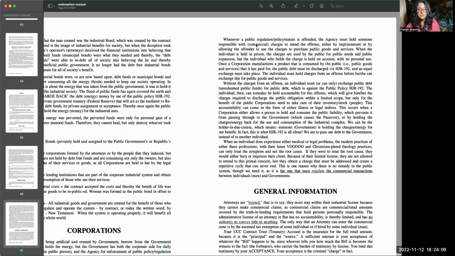Whenever a public regulation, policy, statute is offended, the agency must hold someone responsible with the commercial charges to mend the offense, either by imprisonment or by allowing the offender to use the charges to purchase public goods and services. When the individual is held in prison, the charges are used by the public for public needs and public expansion, but the individual who holds the charge is held on account with no personal use.